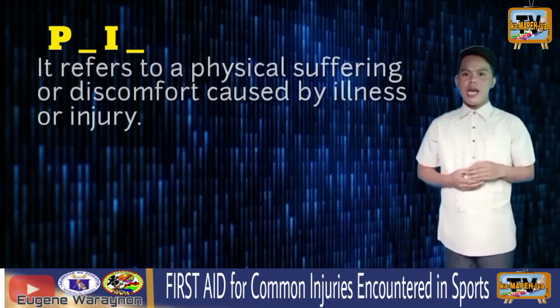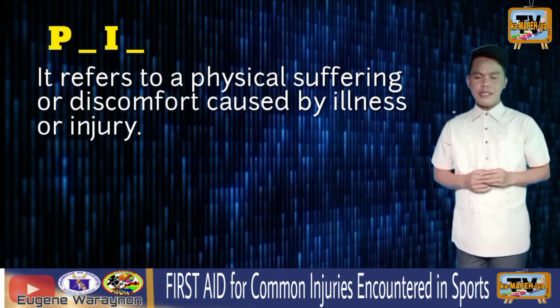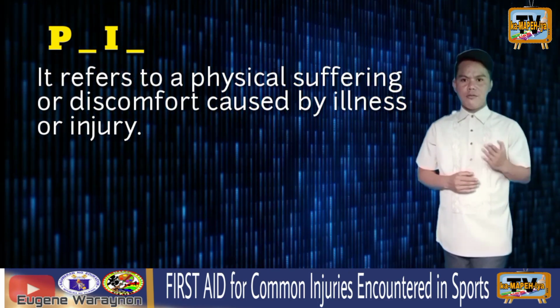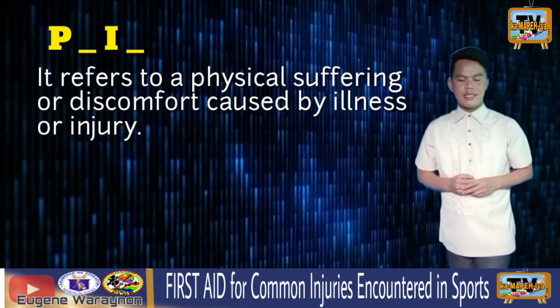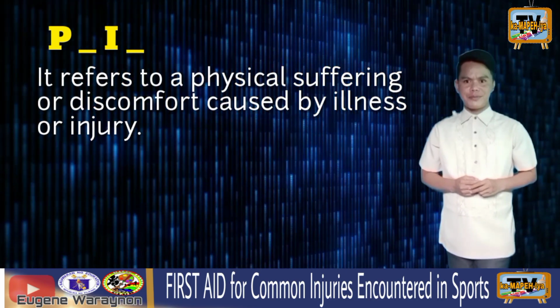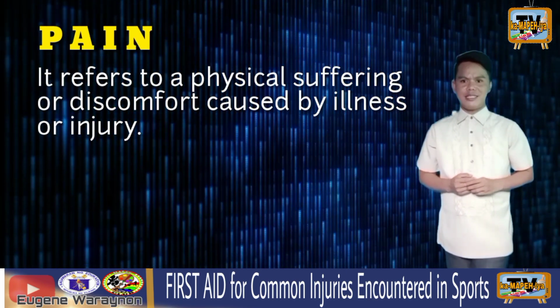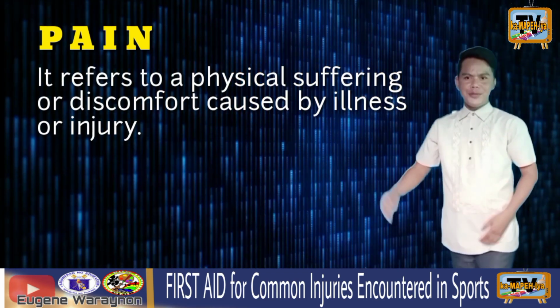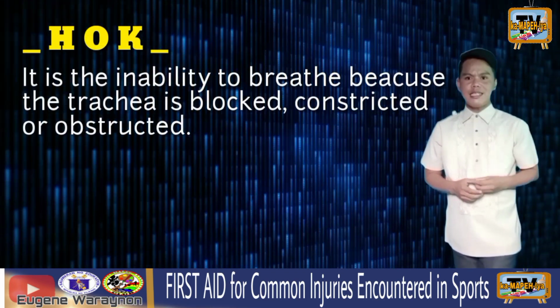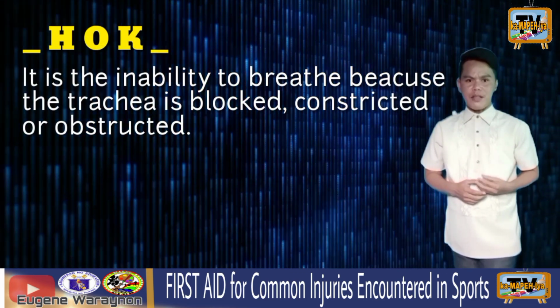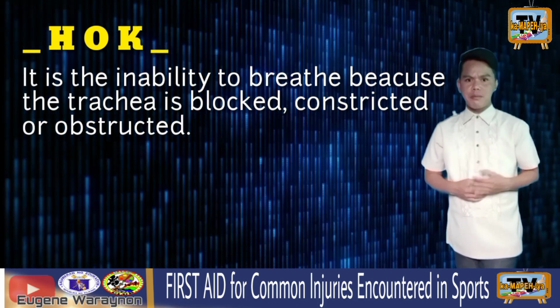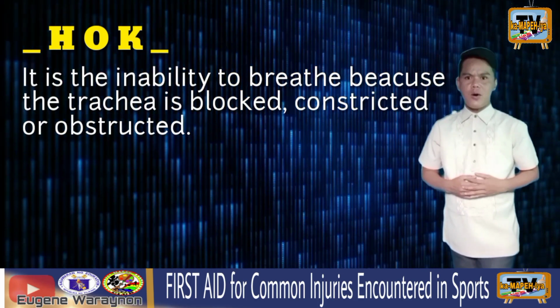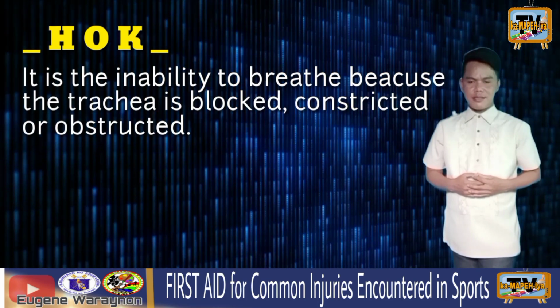Number 5, it refers to a physical suffering or discomfort caused by illness or injury. The correct answer is pain. Number 6, it is the inability to breathe because the trachea is blocked, constricted, or obstructed.